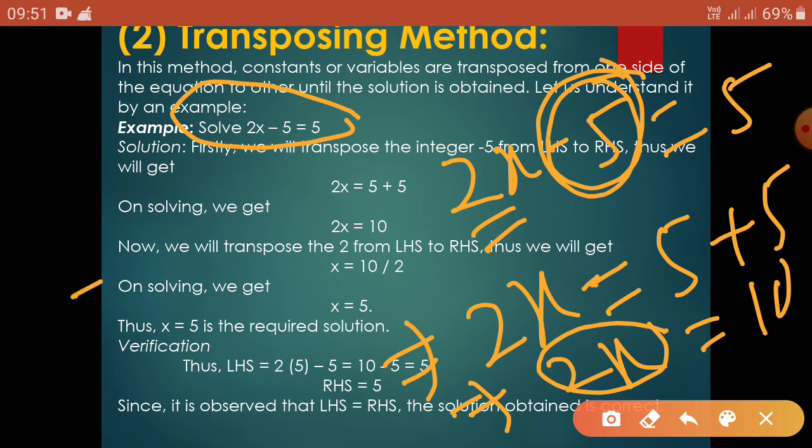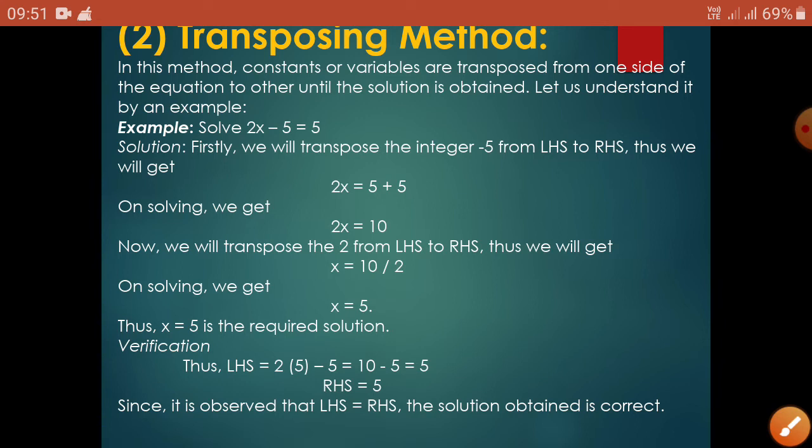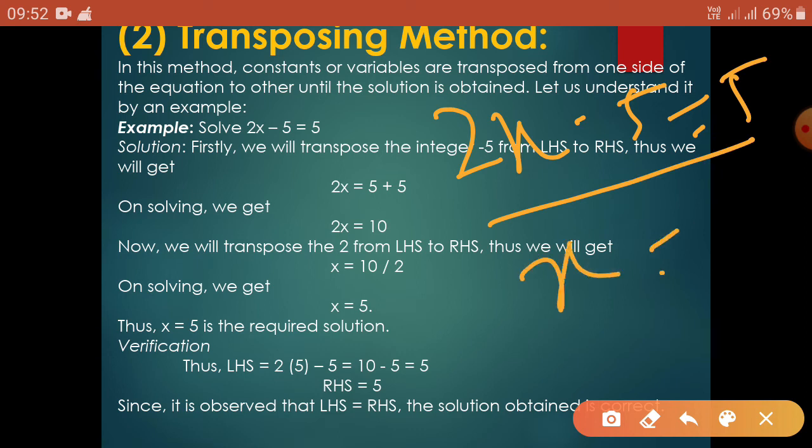So it will be x equal to 10 by 2. Okay, so we get 5. x is equal to 5. Got it? Got the transposing method? So now for this equation 2x minus 5 equal to 5, x is equal to 5.